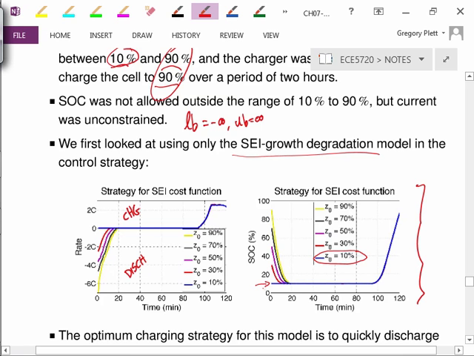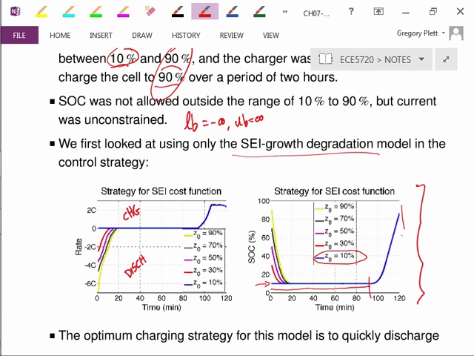The optimum strategy, if I want to minimize the SEI layer that grows, or the capacity that's lost when I do that, the optimum strategy is to stay at 10% state of charge as long as I can, and then in the last little bit, about the last half hour, I charge the cell up quite smoothly to a 90% state of charge set point.